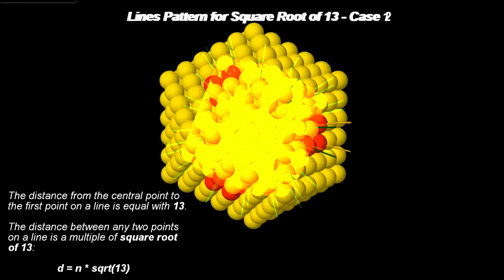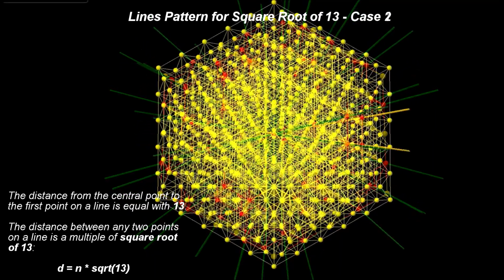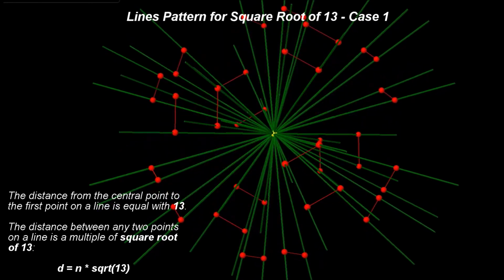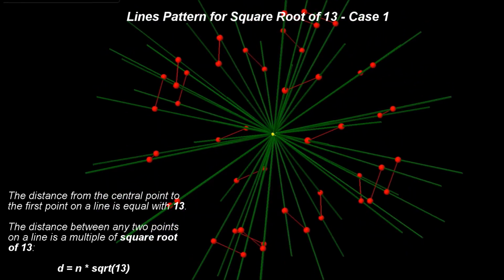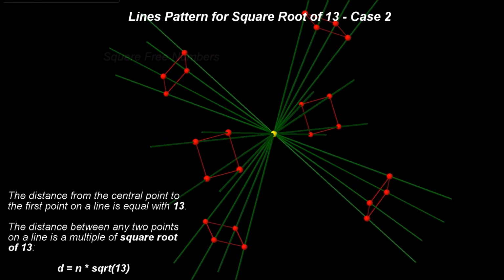And the square root of 13. Once again, all these numbers are square-free numbers. A square-free number is a number whose prime decomposition does not contain repeated factors.